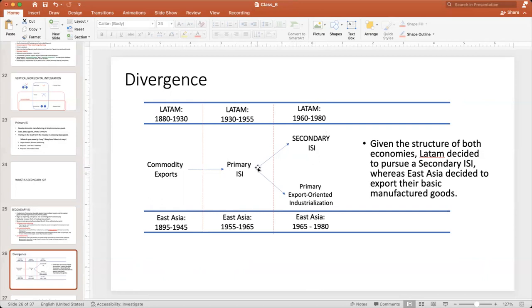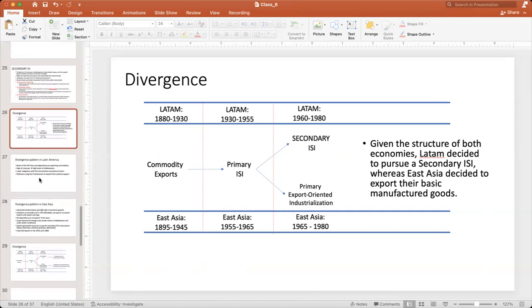However, in the 1960s, the East Asian countries decided to pursue something called export-oriented industrialization, or primary export-oriented industrialization, that we are going to cover in a few minutes. This divergence is based on the structure of both economies. So let's talk a little bit more about that.